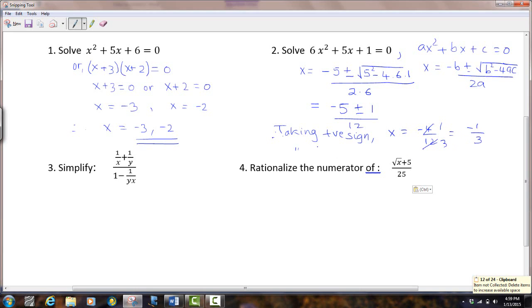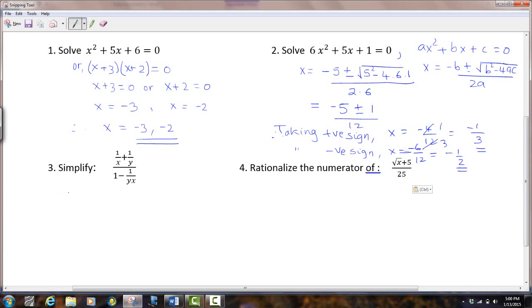And when you take the negative sign, negative 5 minus 1 is negative 6, so it's negative 6 over 12, which is equal to negative 1/2. So these are the solutions of this quadratic equation: negative 1/2 and negative 1/3.